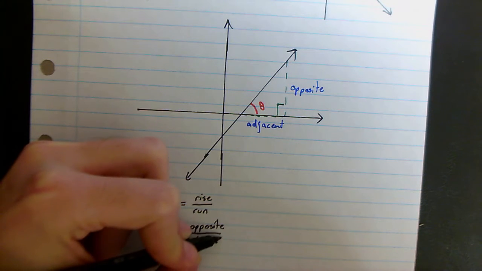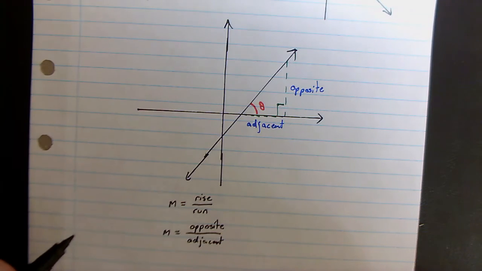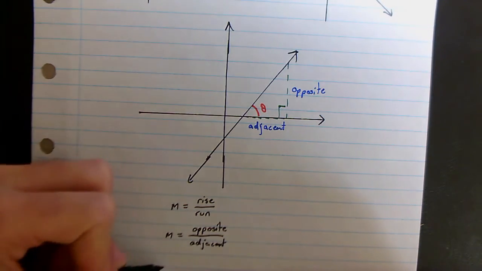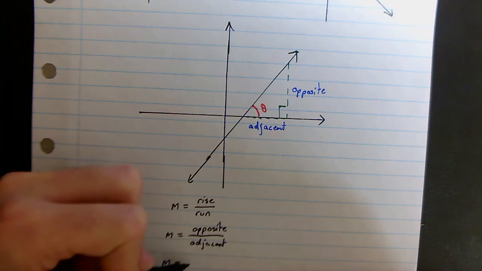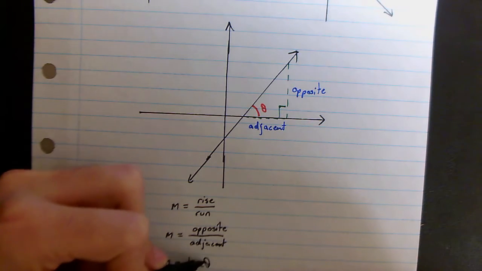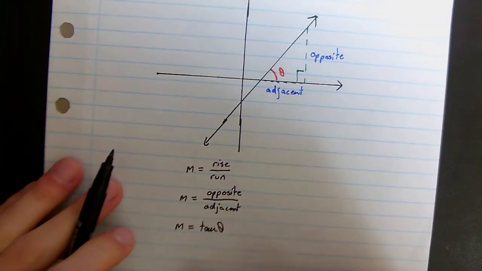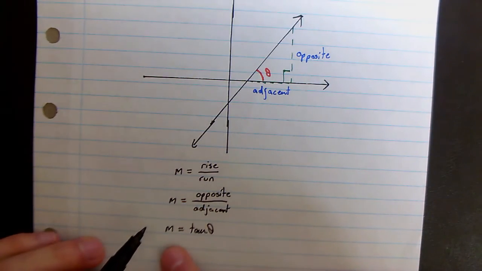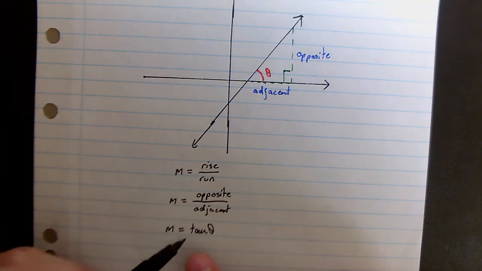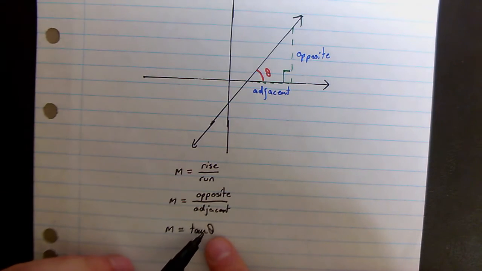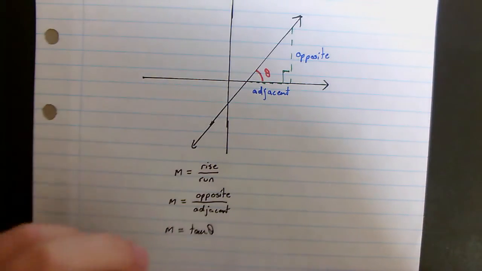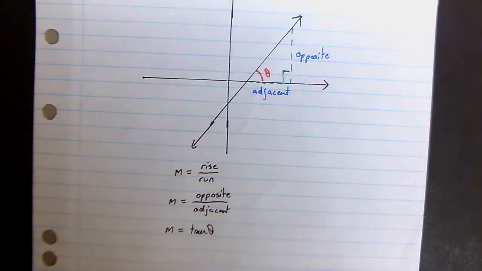And hopefully we can recall that opposite over adjacent is the definition of tan theta. That's how we relate the angle of inclination to the gradient. We define the gradient to be equal to tan of the angle the line makes with the positive direction of the x-axis.